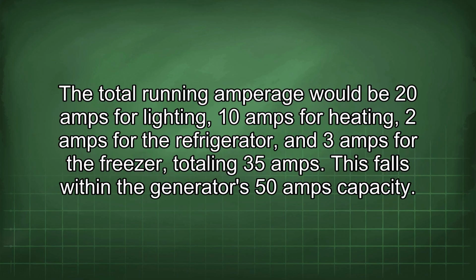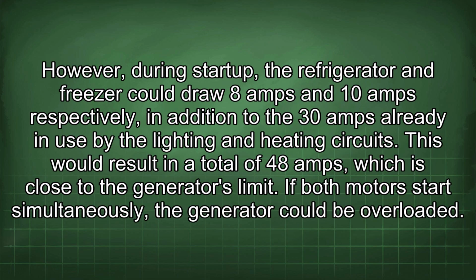The total running amperage would be 20 amps for lighting, 10 amps for heating, 2 amps for the refrigerator, and 3 amps for the freezer, totaling 35 amps. This falls within the generator's 50 amps capacity. However, during startup, the refrigerator and freezer could draw 8 amps and 10 amps respectively, in addition to the 30 amps already in use by the lighting and heating circuits.